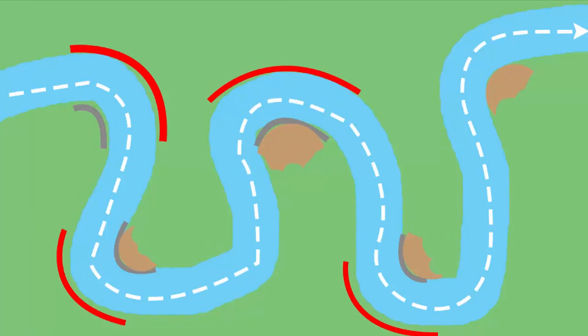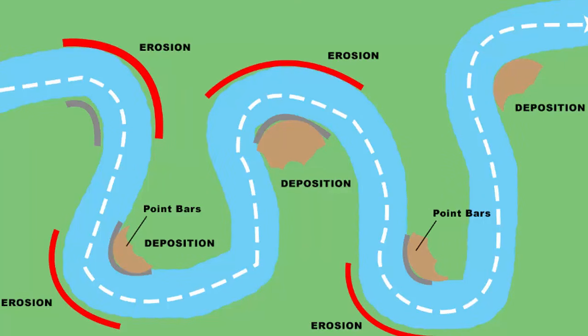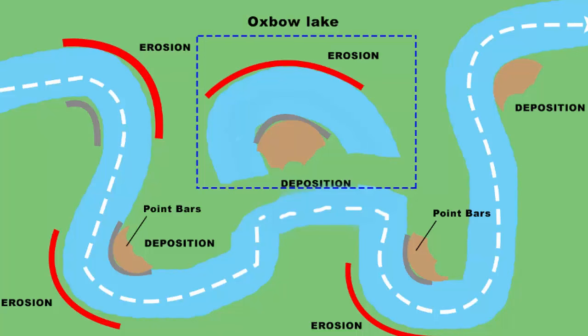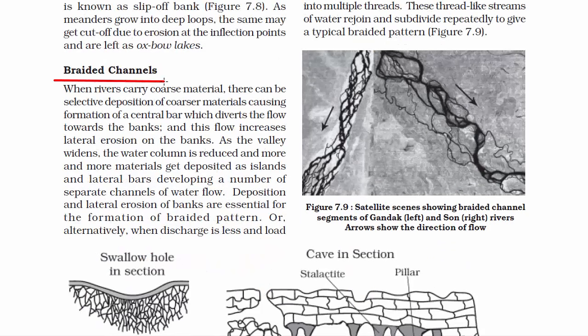In the inner area of the curve deposition of sediments takes place, and on the outside, erosion takes place. If there were no deposition or erosion, then there would be no meanders. As meanders grow into deep loops, the river takes a shortcut, and this leftover curve is called an oxbow lake. The fifth type of depositional landform is braided channels.